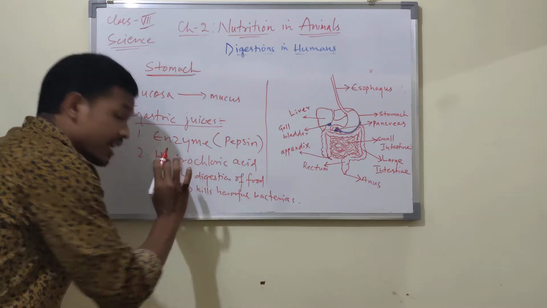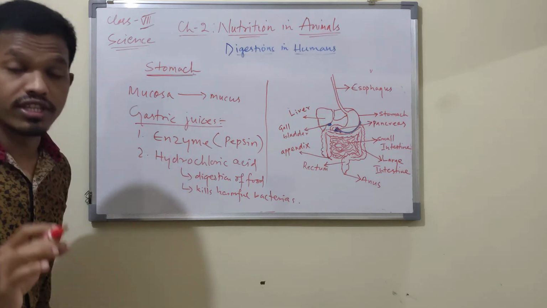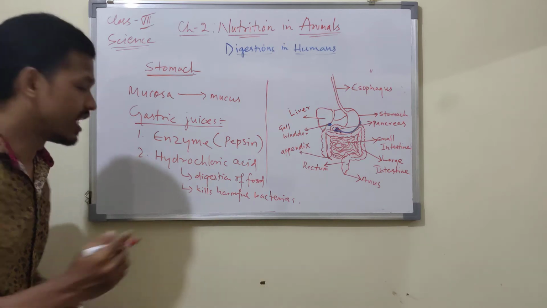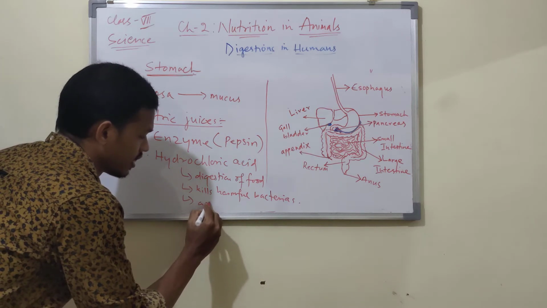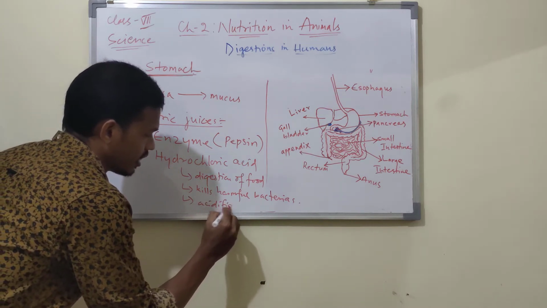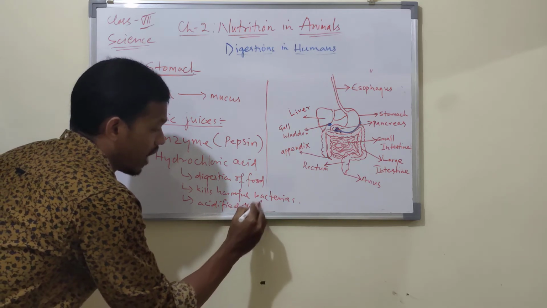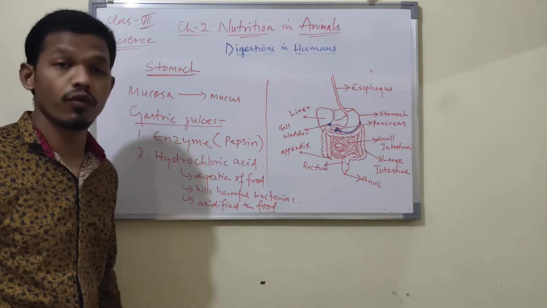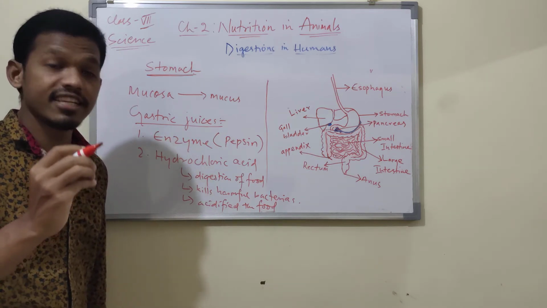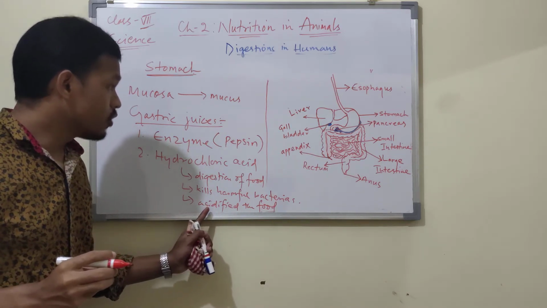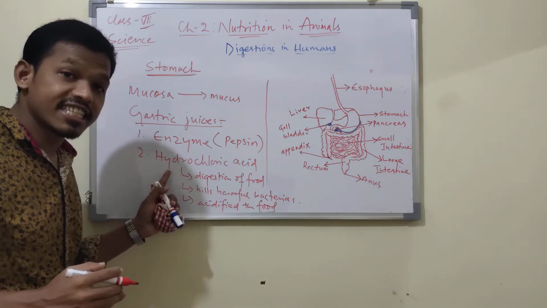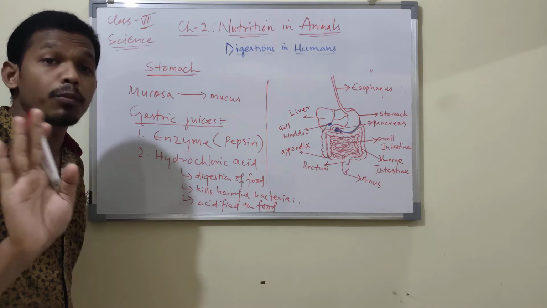Also, it acidifies the food. Why is this acid produced in the stomach? It is because hydrochloric acid does not digest protein.